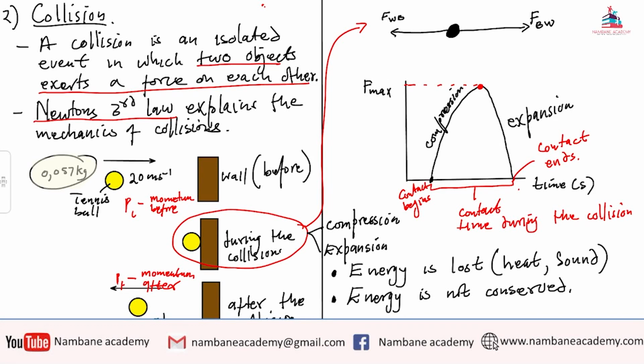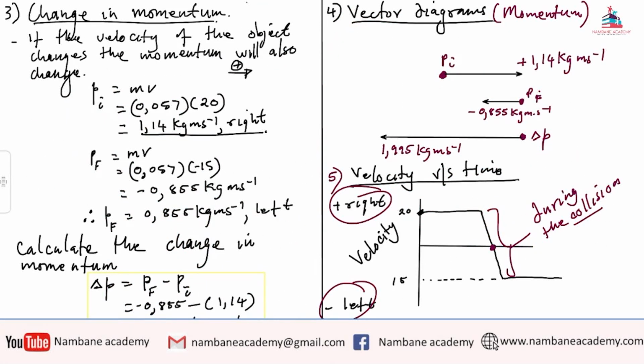So we are not interested in the momentum, but interested in the velocity, which is now 20 meters per second. But we said right as positive and then left as negative. So it bounces off the wall with 15 meters per second. Right? So we have 15, we have 20. 20 before, 15 after.